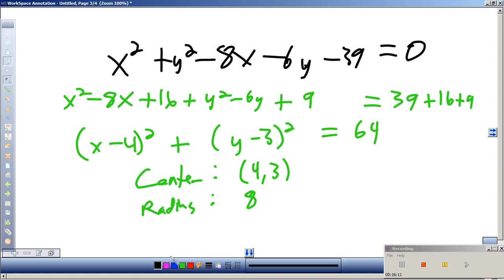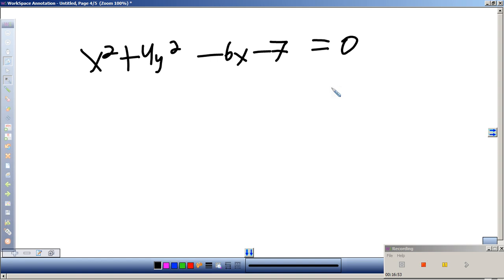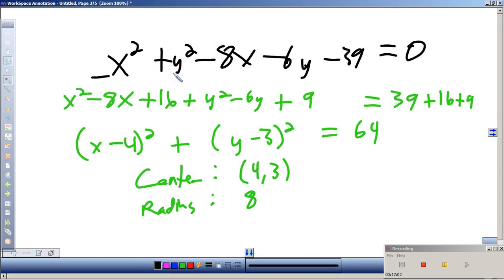Let's see. Another type of one, a bit harder than that one. So x squared plus 4y squared minus 6x minus 7 equals 0. What shape is this? Okay, how can you tell? Notice in this one, these two were the same number.